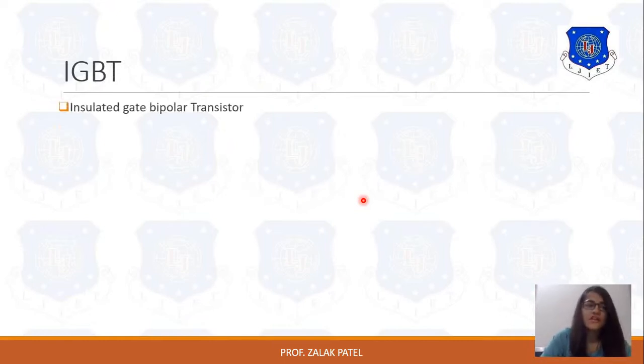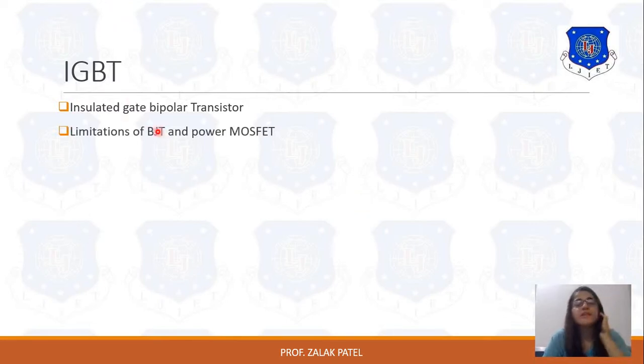Now let's see about IGBT. The full form of IGBT is insulated gate bipolar transistor. It overcomes the limitations of BJT and power MOSFET. We all know that the BJT has a limitation, because the BJT, bipolar junction transistor, is a current control device. Its collector current depends on its base current, and it is also dependent on temperature.